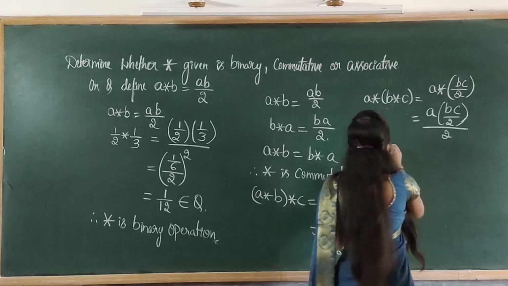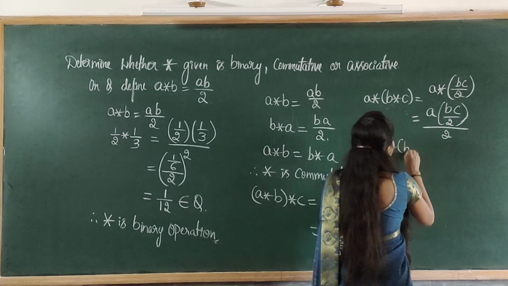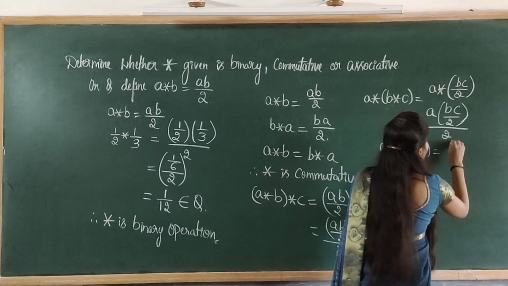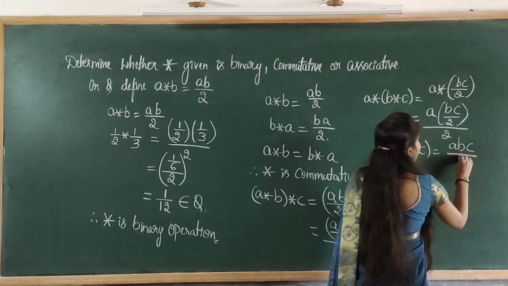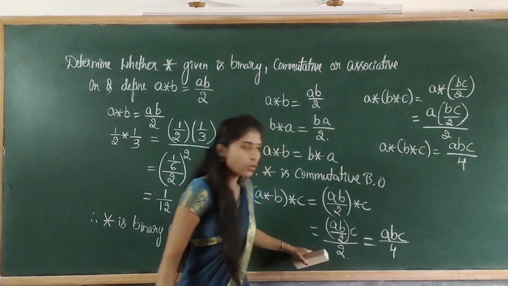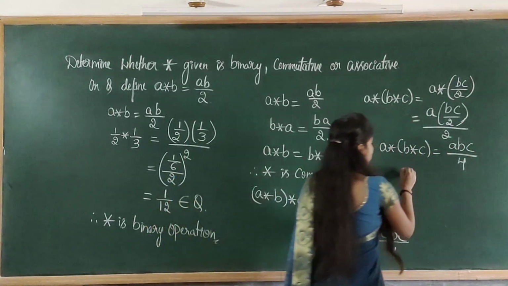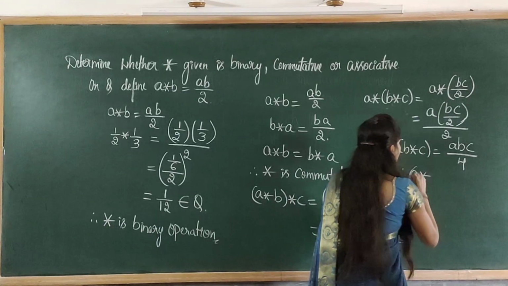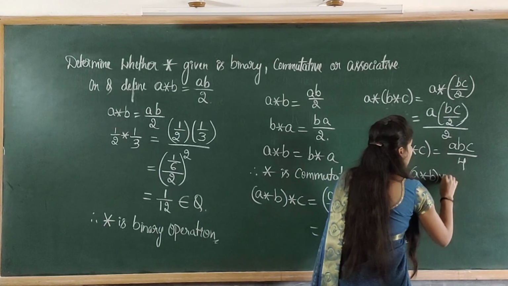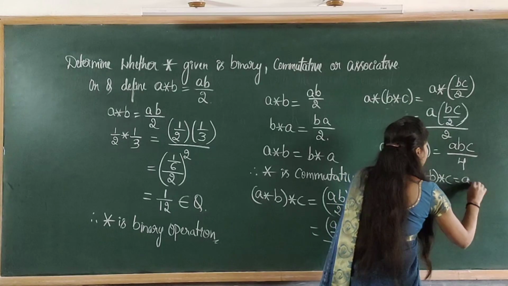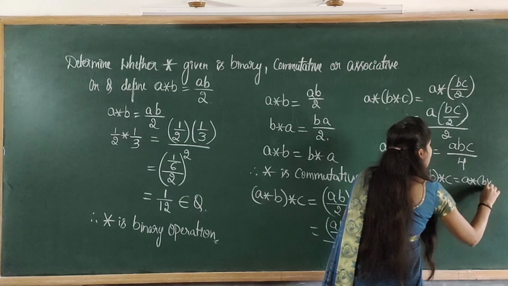So A star (B star C) is equal to ABC divided by 4. Therefore, the associative property is also satisfied. Therefore, (A star B) star C equals A star (B star C).